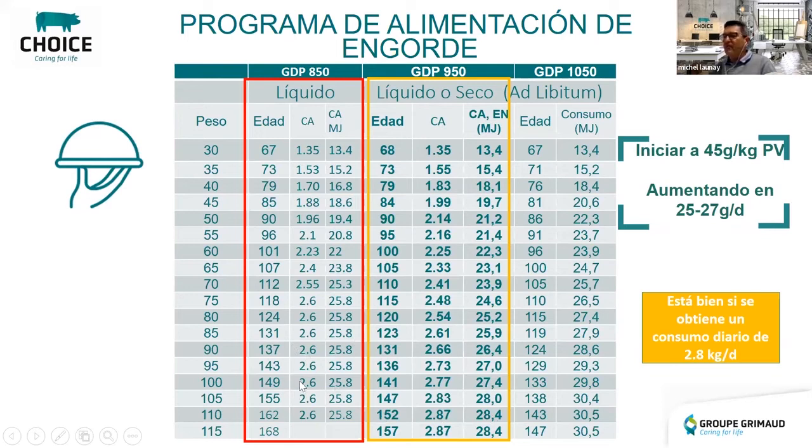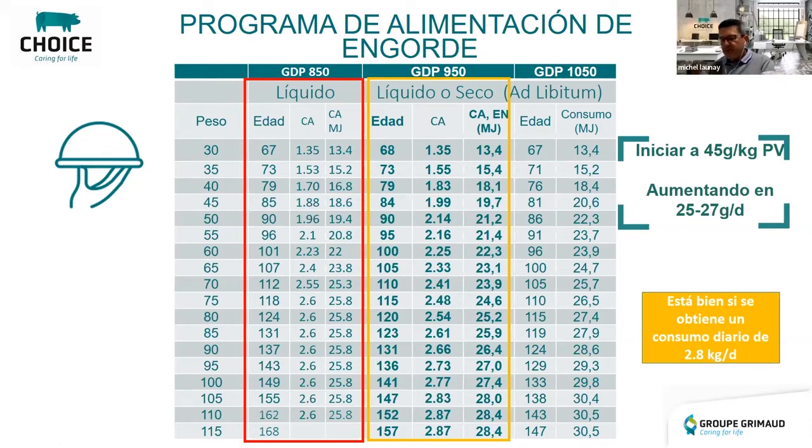This one is for farmers who want to limit net energy intake a day a little bit. It was usual in France, it's an old habit, to limit quantity in liquid feeding. And now we try to change this habit to go to a higher level of net energy intake a day.